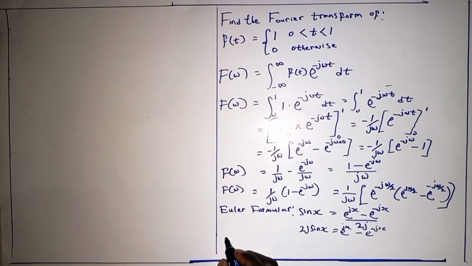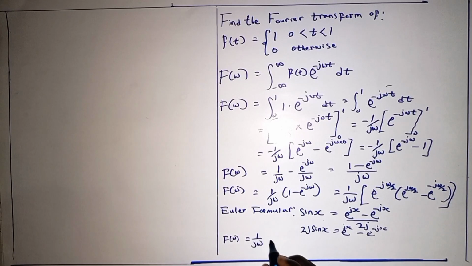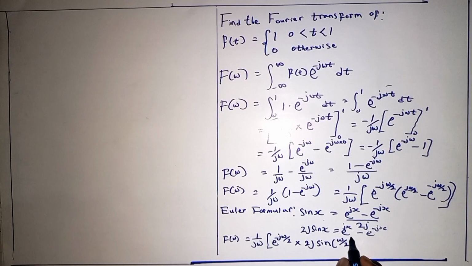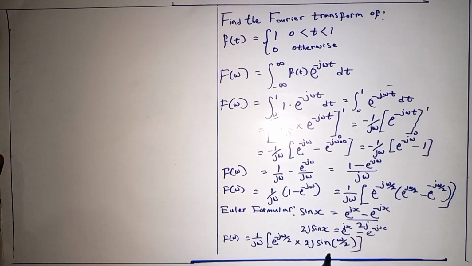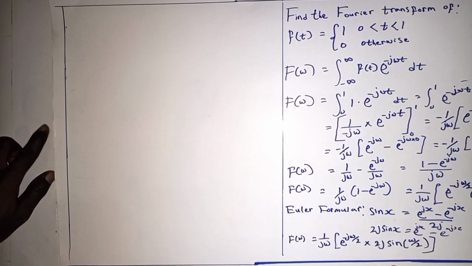So f w and jw over 2. Then this will be w over 2 times 2j sine w over 2. So now let's shift this so we can move to this other side.